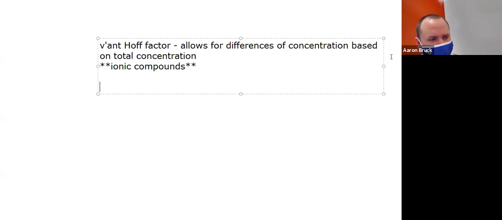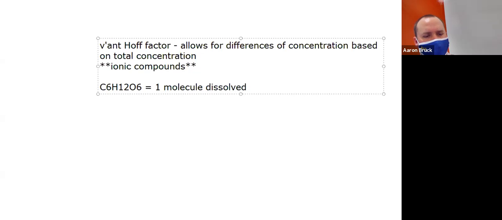So if I take sugar, for example, I will get one molecule dissolved for every one molecule that's present. Because when a sugar molecule dissolves, it just goes into solution. It doesn't break apart along the way.